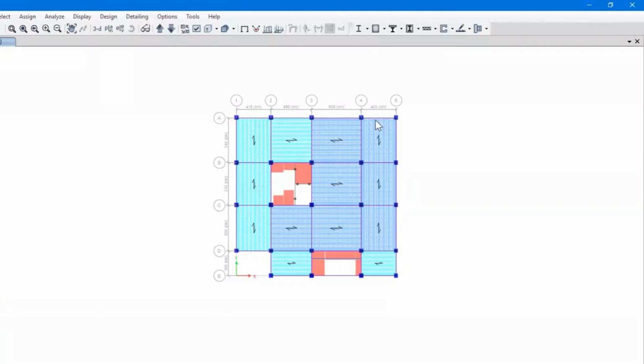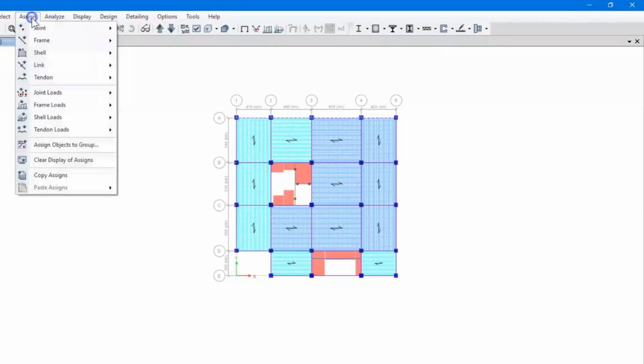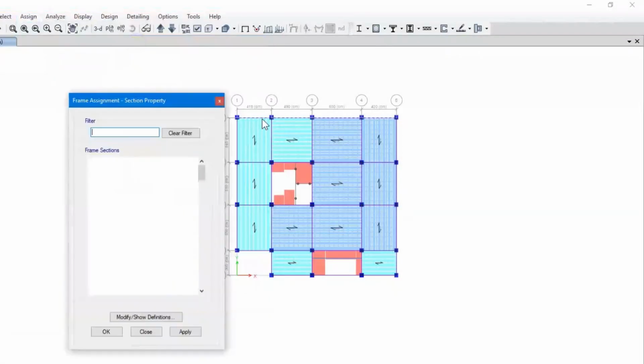Now, based on the deformation shape, we already identified the softer side of the structure. So one possible solution is to increase stiffness on the softer side and slightly reduce stiffness on the stiffer side. This can help balance the structural response. One simple way to do this is by modifying beam and column dimensions.